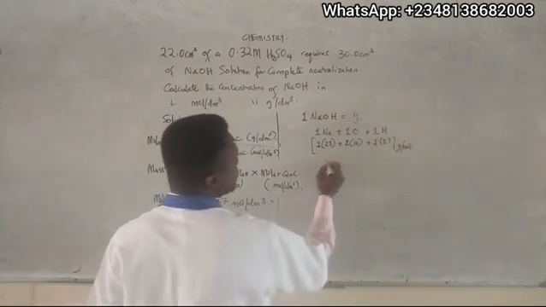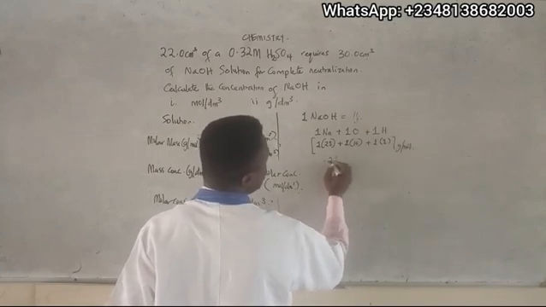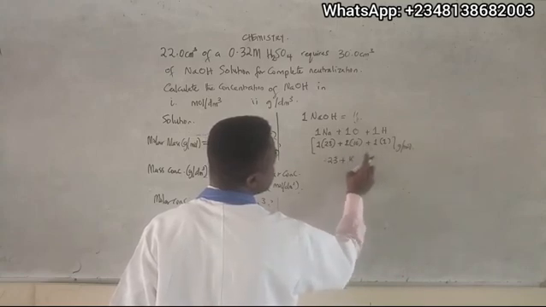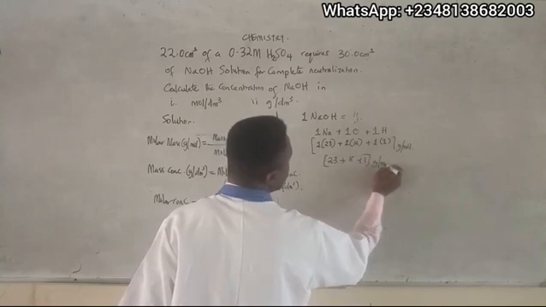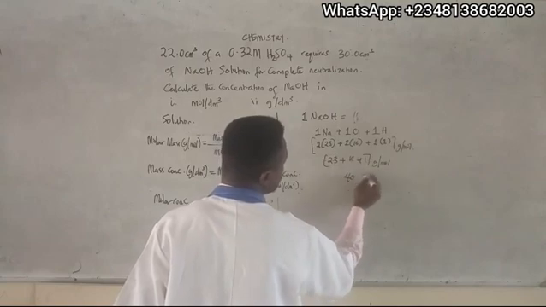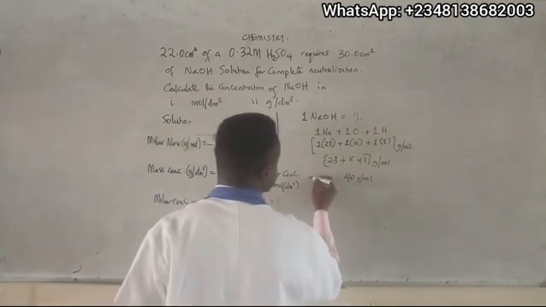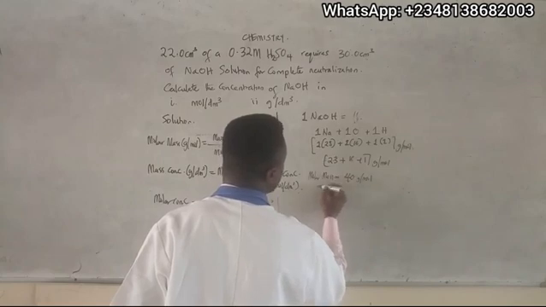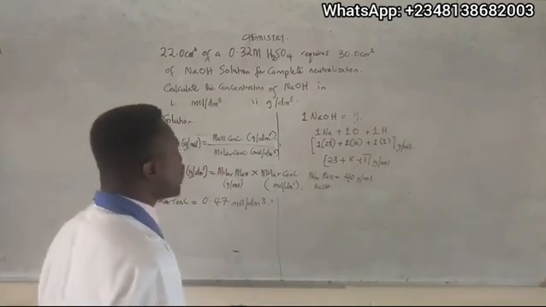So 23 plus 16 plus 1 gives us 40 gram per mole. So the molar mass of sodium hydroxide is 40 gram per mole.